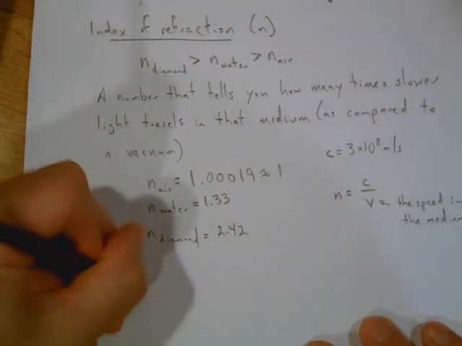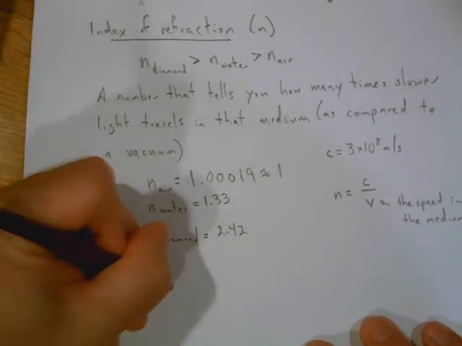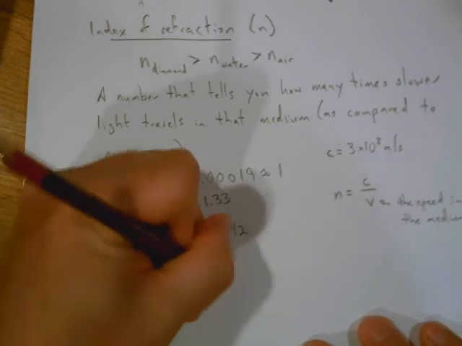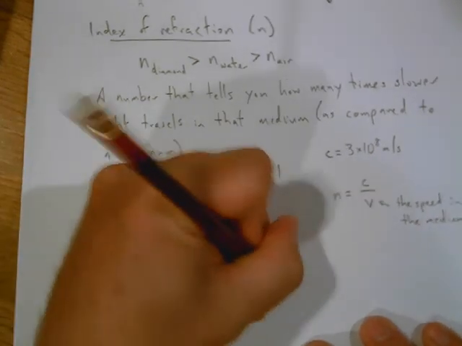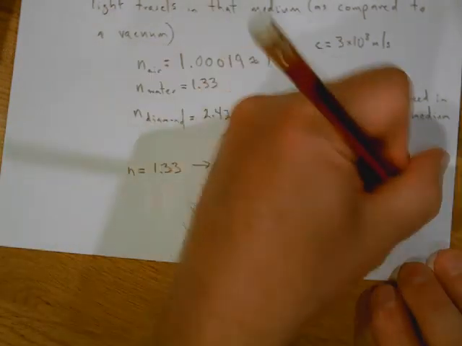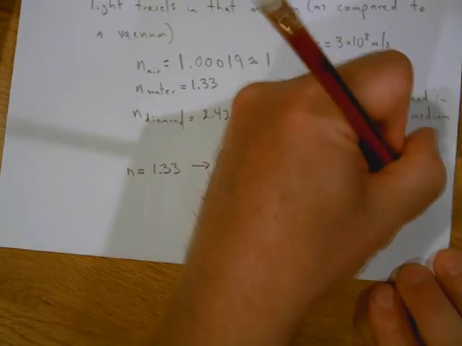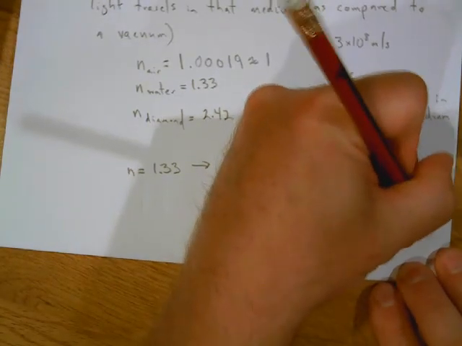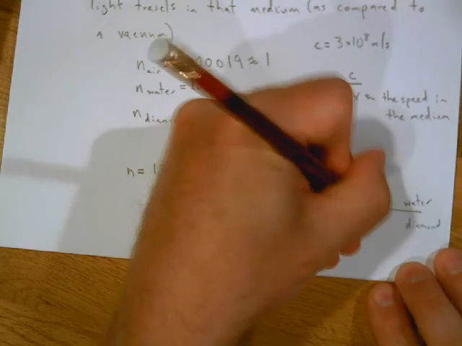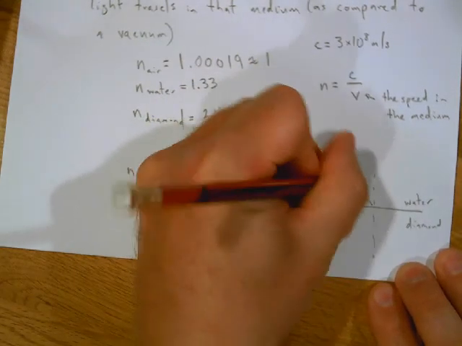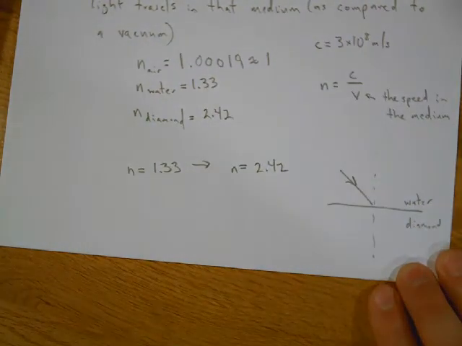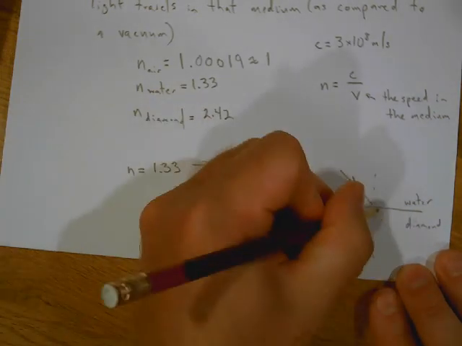So just remember, if I am going from n equals, let's say, 1.33 to n equals 2.42, if I was to draw this, oh, well then I'm going from water to diamond, and my light is traveling this way. Well, if it goes from water to diamond, what is it going to do?